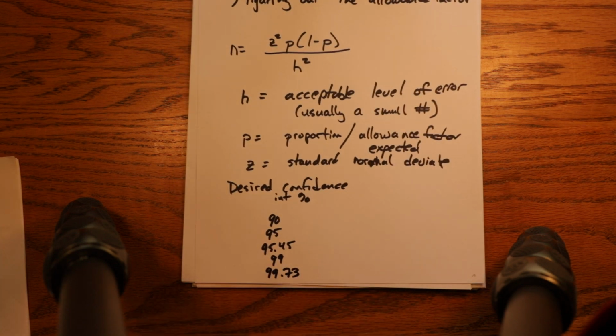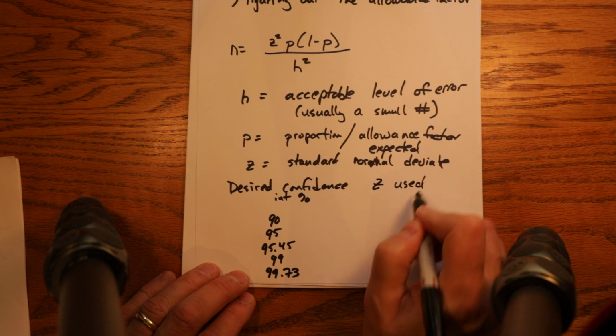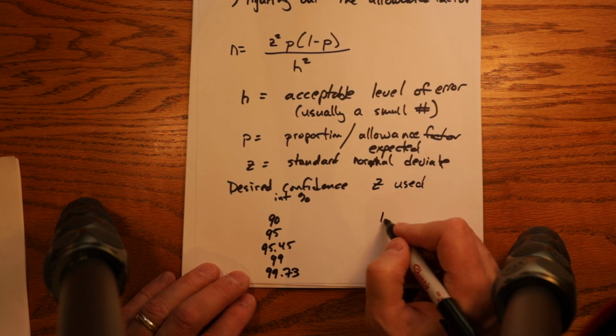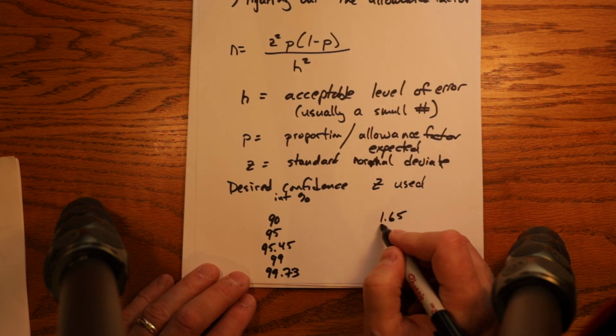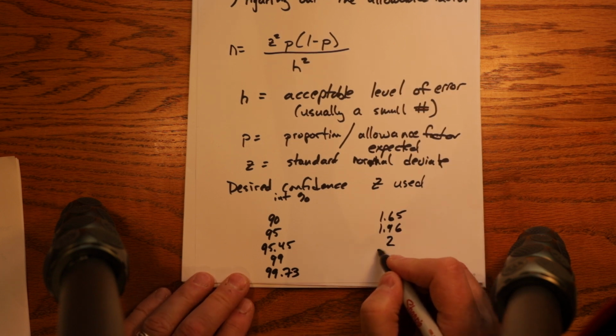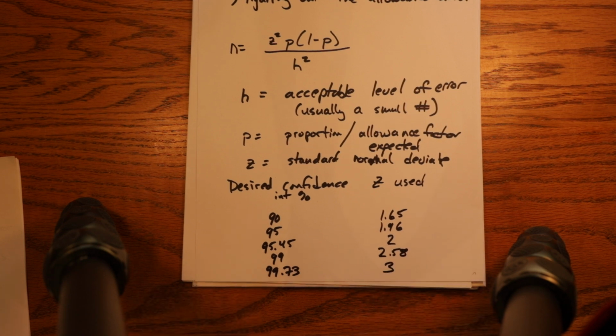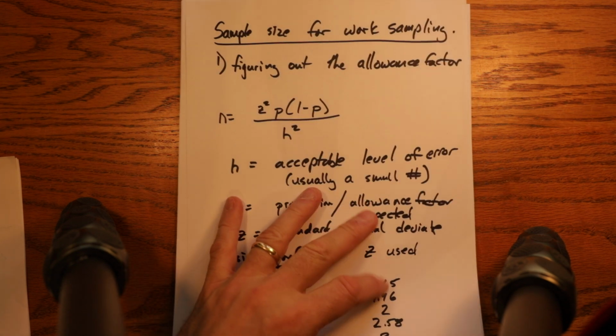Just making sure I'm still on camera. Yep. And then the Z to use would be 1.65, 1.96, 2, 2.58, and 3. These you could easily look up in the standard normal table. That's where I got those numbers from.